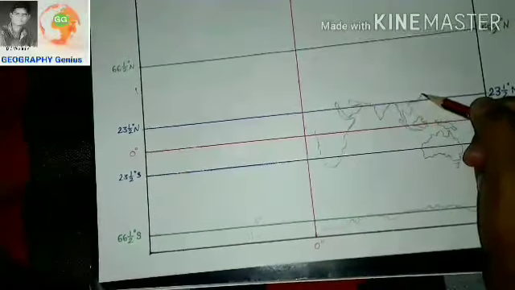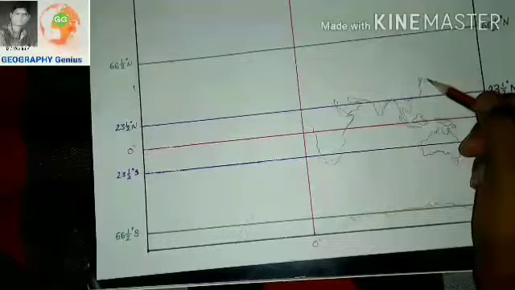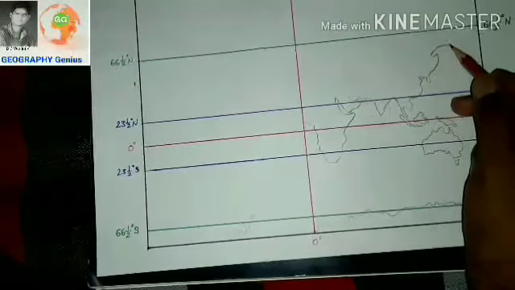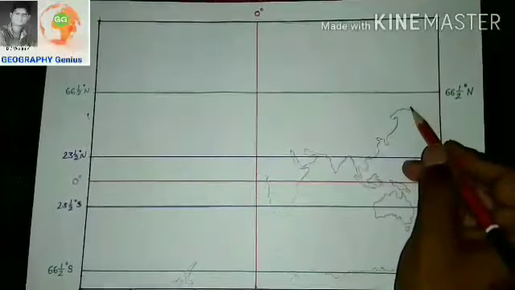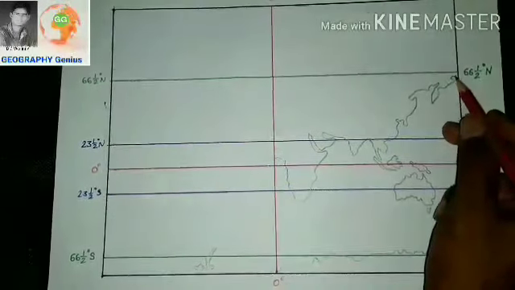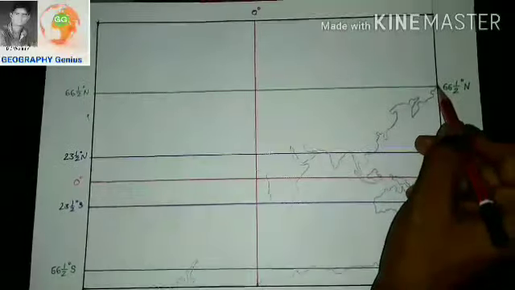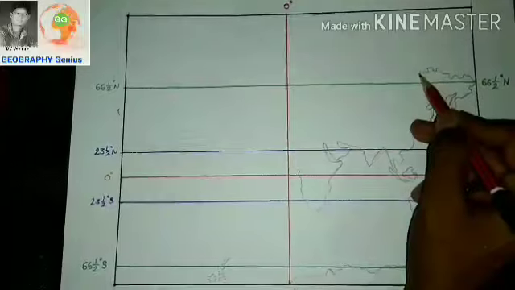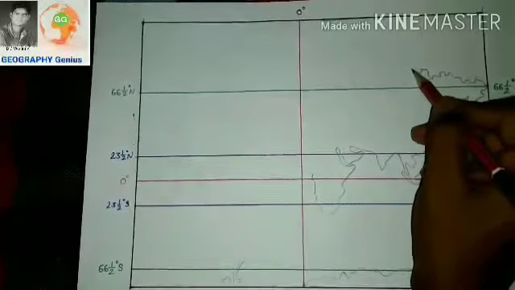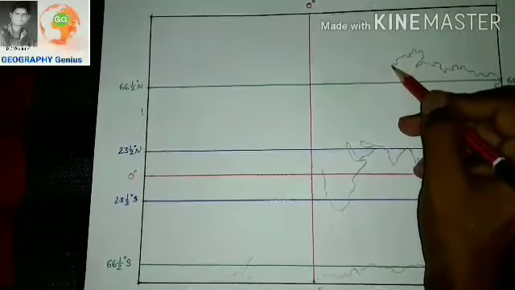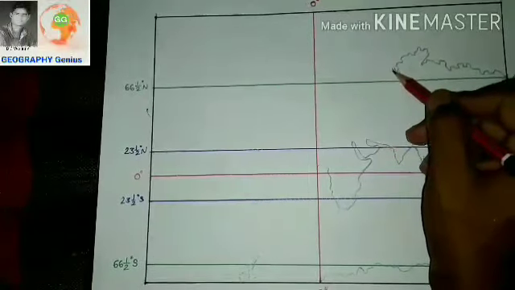We think of the world map and cross the 23.5 degree line and get the line up to 66.5 and draw Russia. After this we draw above the 66.5 degree north line and give shape to the Asia and Europe continents also.